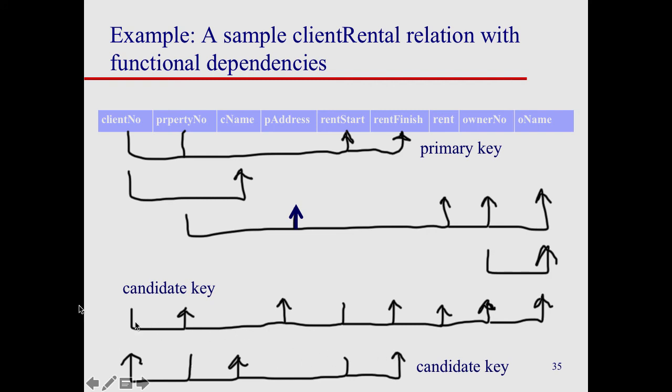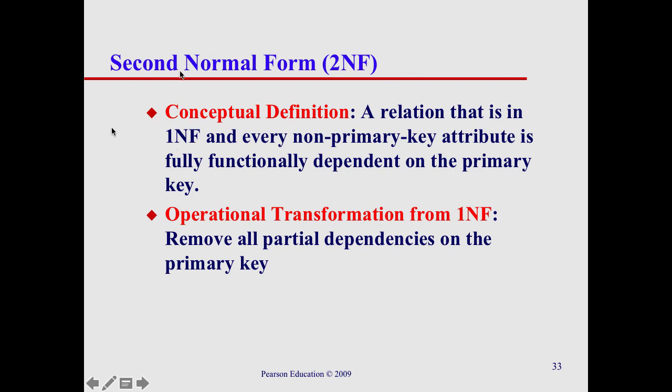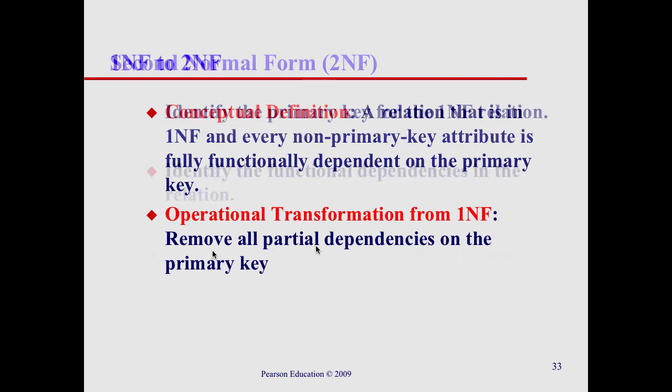So it turns out these two functional dependencies here are candidate keys because they also can determine all of the attributes in the relation. But we're going to choose the client number and the property number as the primary key. And I'll end with this thought: when you go from first normal form to second normal form, you're going to remove all partial dependencies on the primary key.